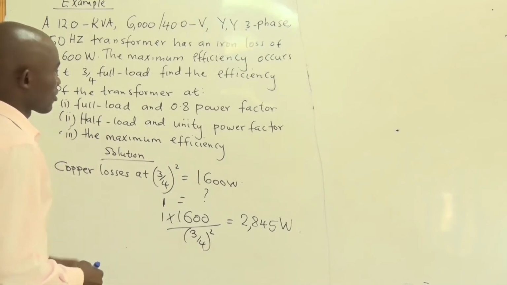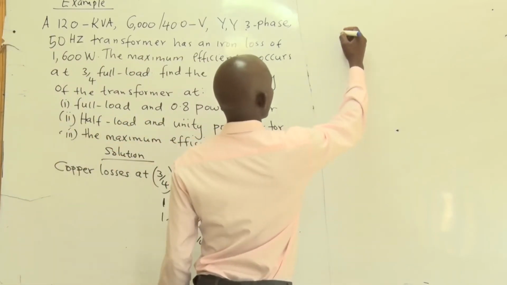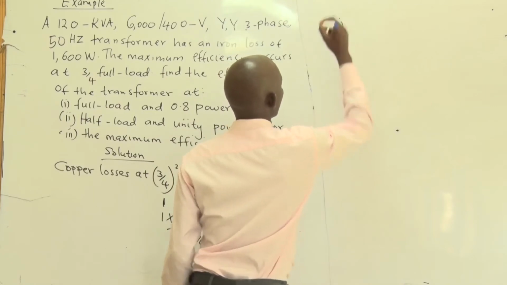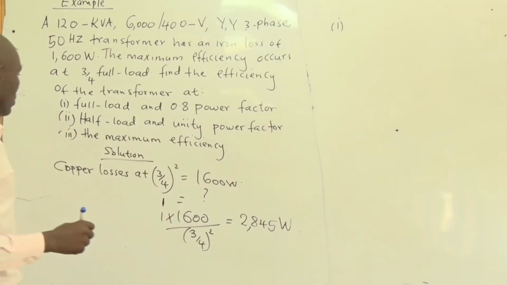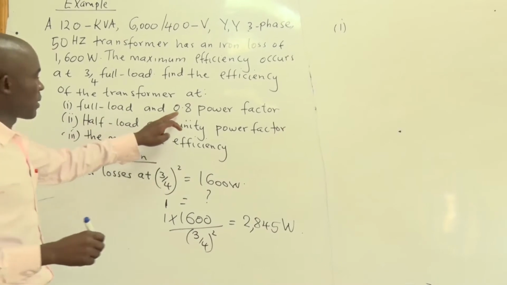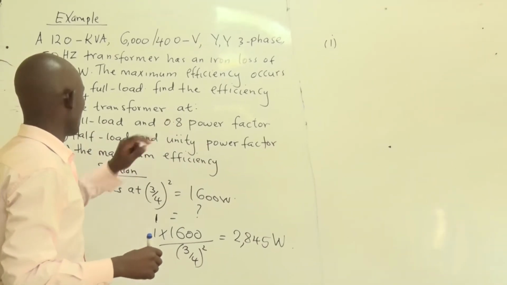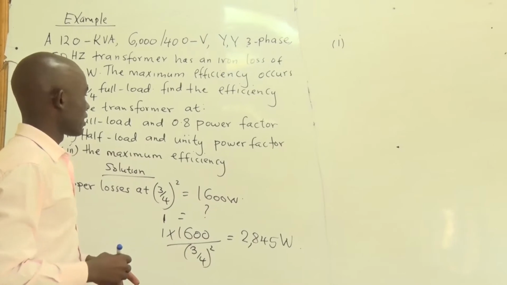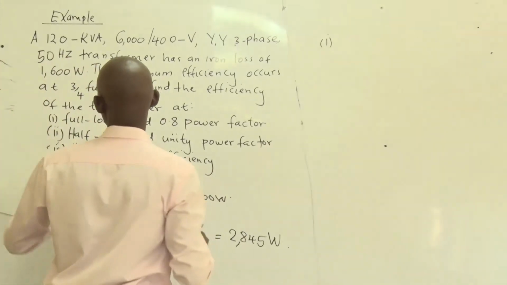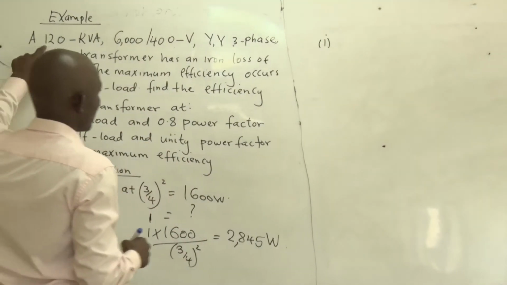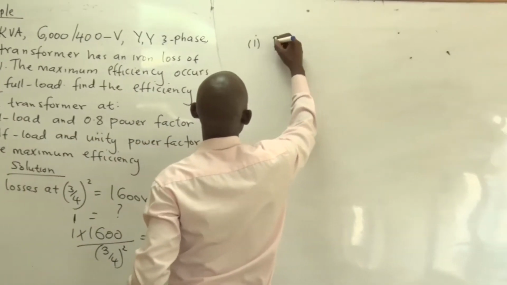That is the value. This was just a preliminary. We can now go to Roman number 1, where we say, remember what we asked in Roman number 1 is the full load and the power factor is 0.8. Remember, what we have been given here is the power output.